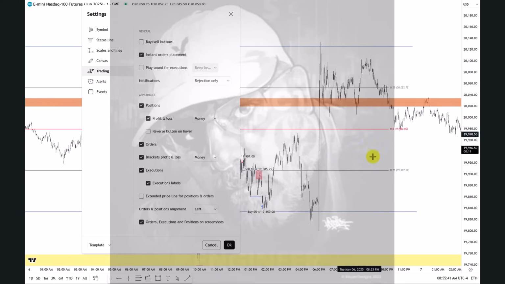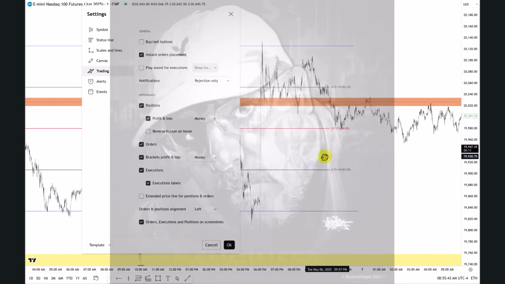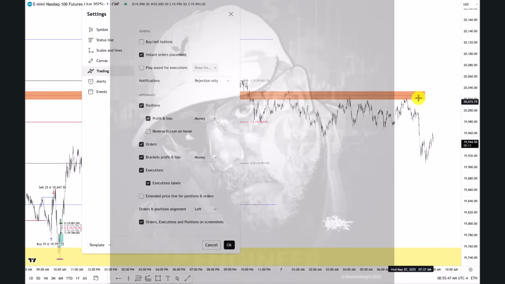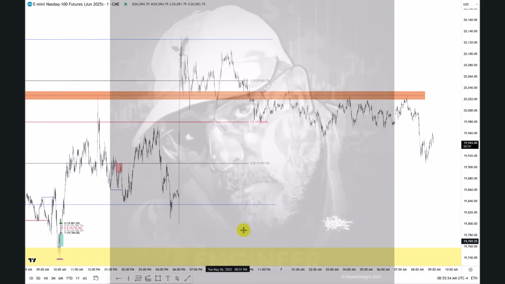And then now, this is Monday's first percent fair value gap. Thursday's premium wick high.